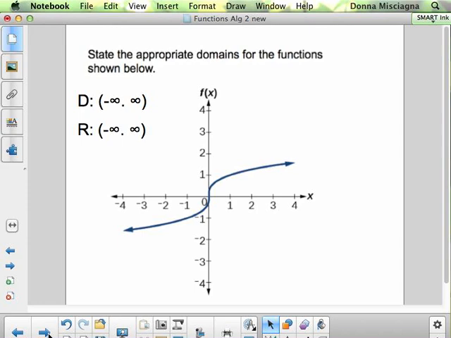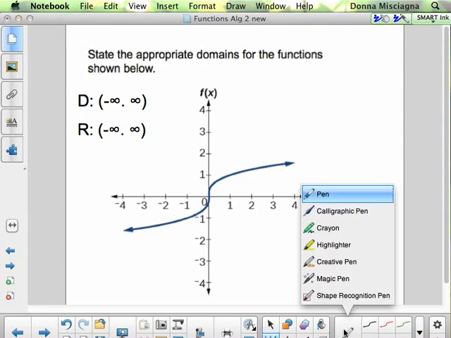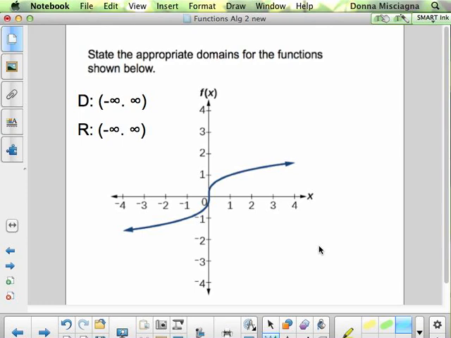And this one, I already have the domain and range on there, and I think it's in your notes. So find the domain and range. There are arrows on both sides of this graph. I don't have a starting point where the graph is just moving in one direction. I have arrows on both sides.